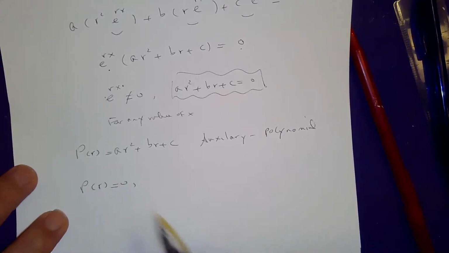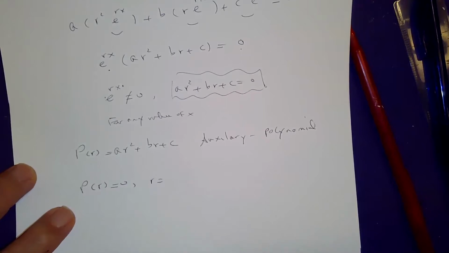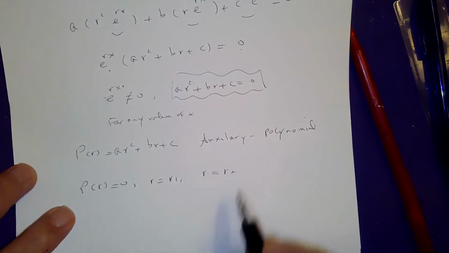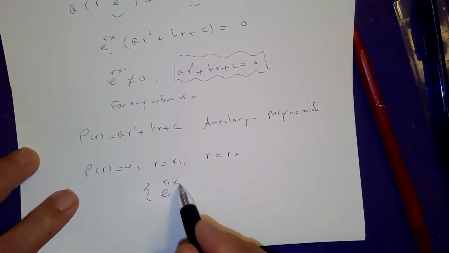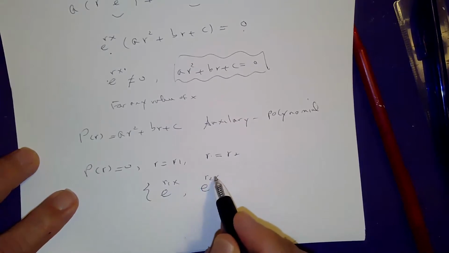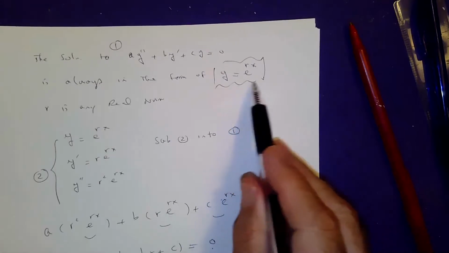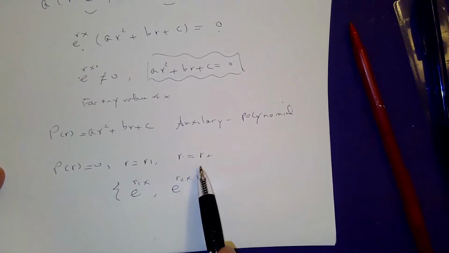If you set this equal to 0 and solve for r, you get two answers, let's say r1 and r2. Therefore, your solutions would be e to the r1x and e to the r2x, because remember, the solution is supposed to be in this form. Because this is a quadratic equation, it always gives you two answers.